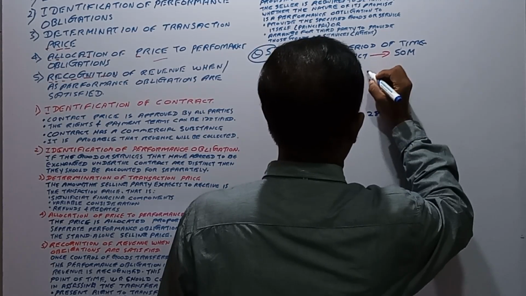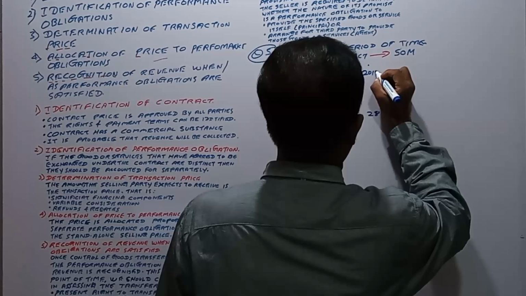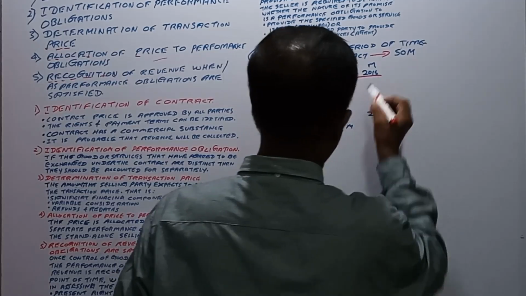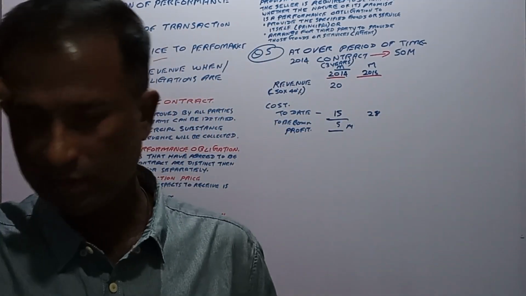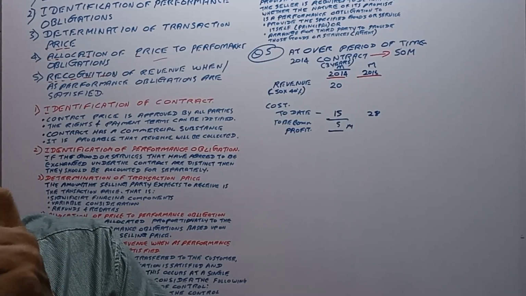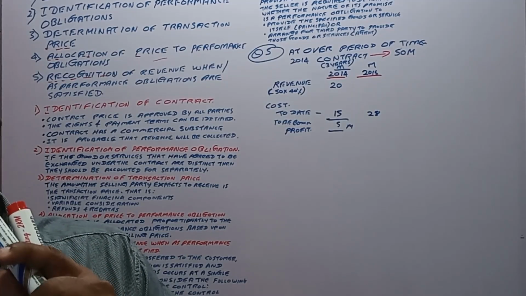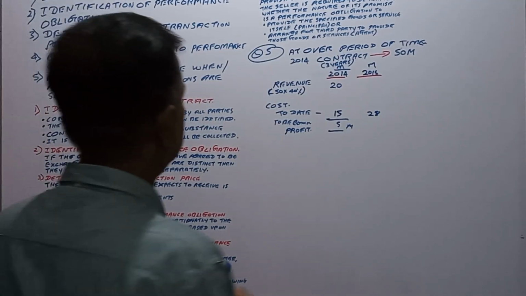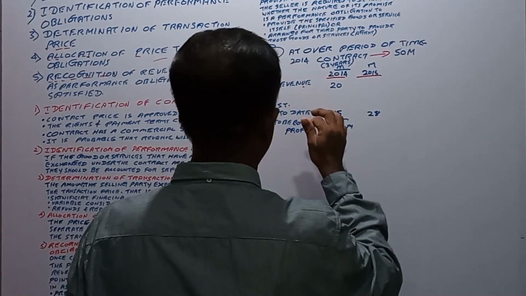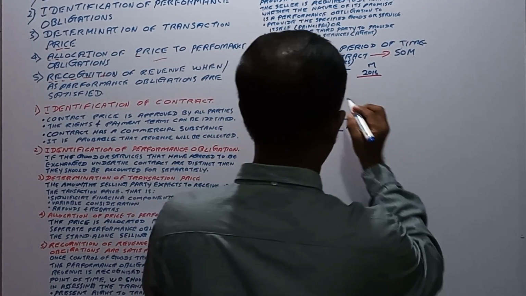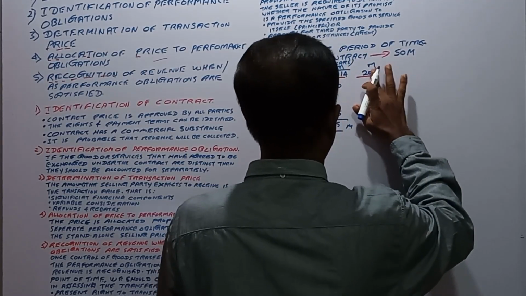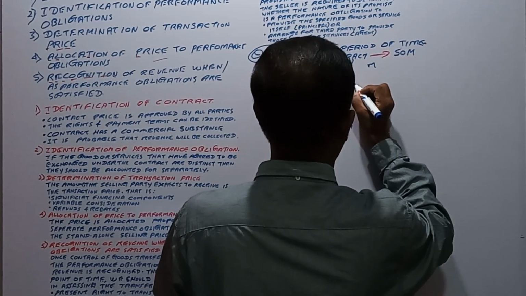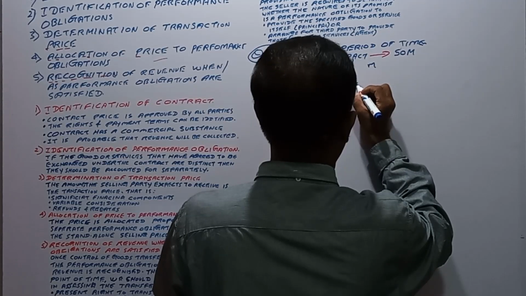This is in millions, for 2014 and 2015, right? 28 million is the cost, and 70% is completed. Earlier it was 50 into 40%.